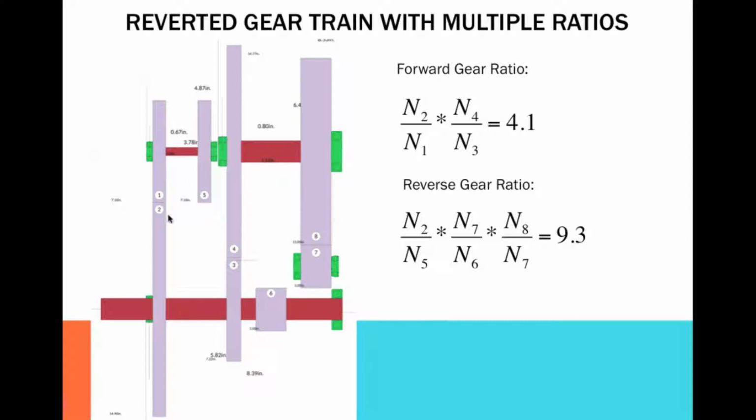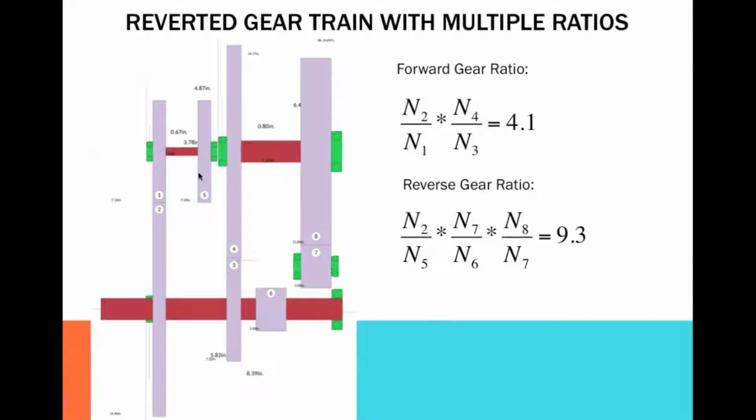This is a simple setup for a 2-ratio reverted gear train. If we have a motor connected to the input shaft, the way the gears are connected now, power would flow from 1 to 2, through the counter shaft, through 3, then through 4, and out the output shaft.